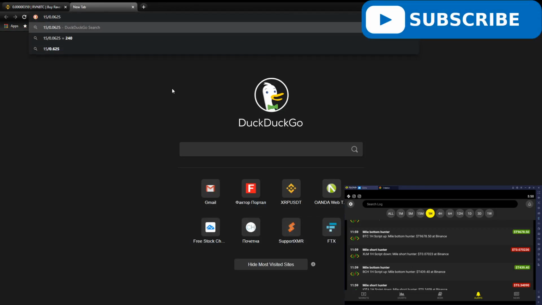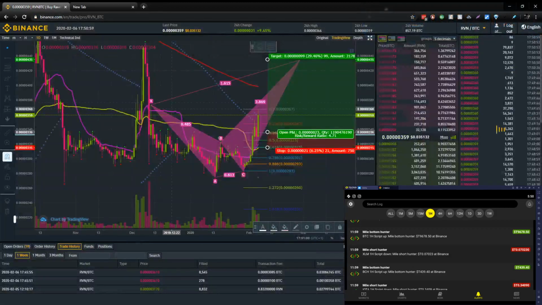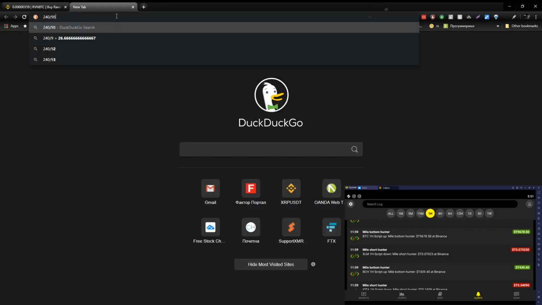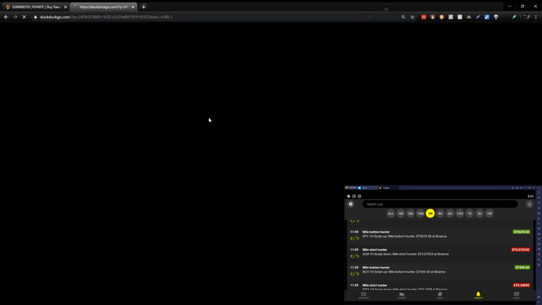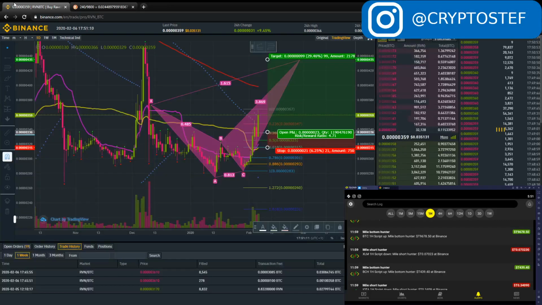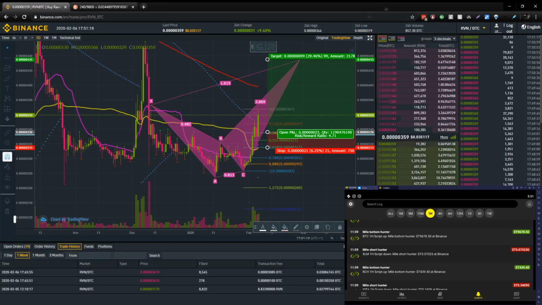My risk is $240. $240 divided by 9,800. That's how much I will risk. 0.244. So let's put 0.224 on the 336, and my target will be right there.